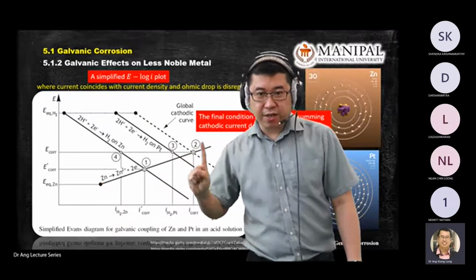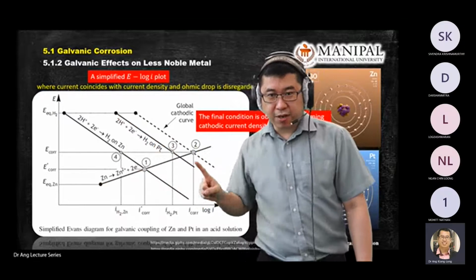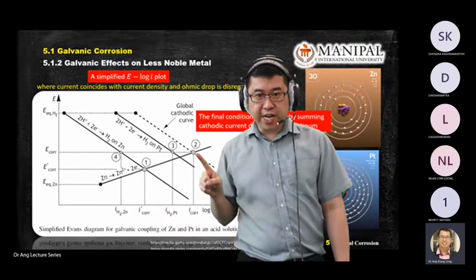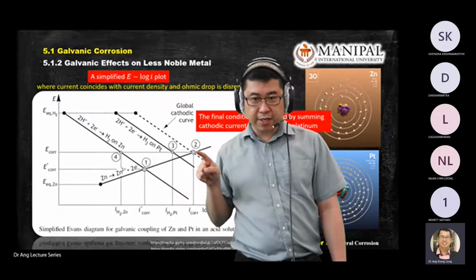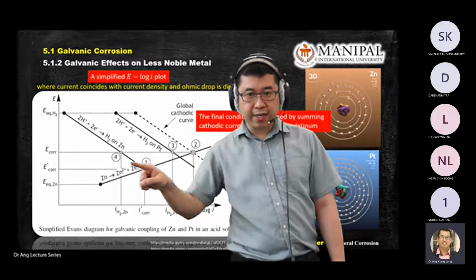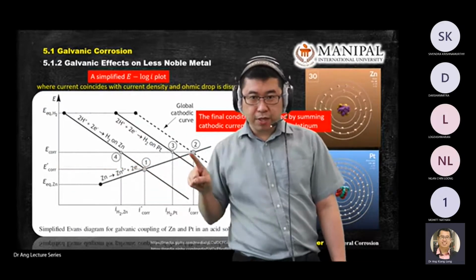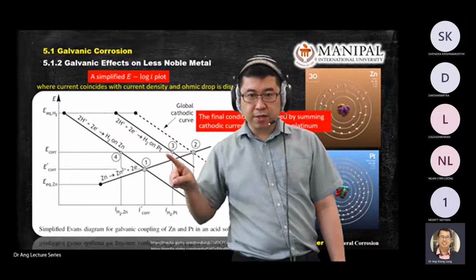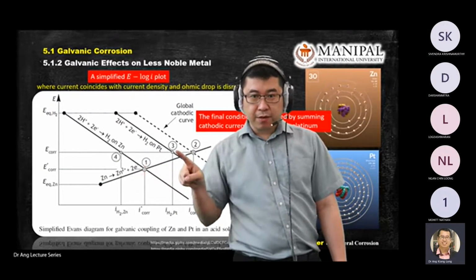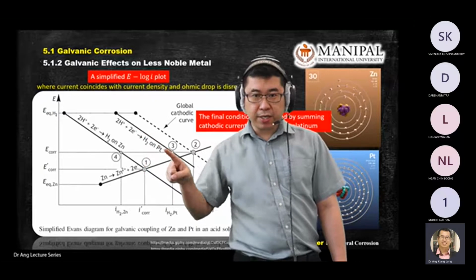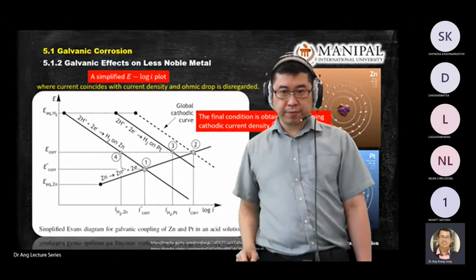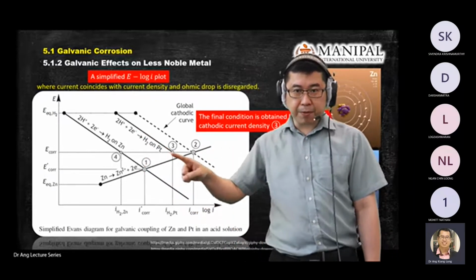So you trace from your anode station, draw a straight line to the corrosion potential. You will bypass a few points. You will bypass the cathode station at point number 3. Mark that point as point number 3.